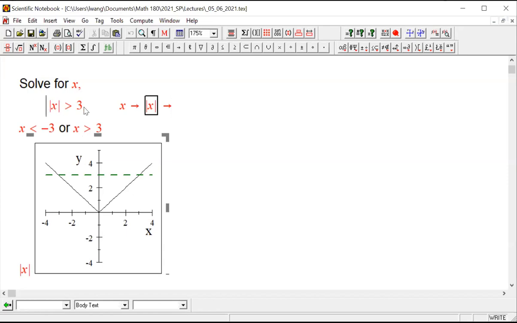In this situation, what do we want? We want the output to be larger than 3. Where do you find output larger than 3?